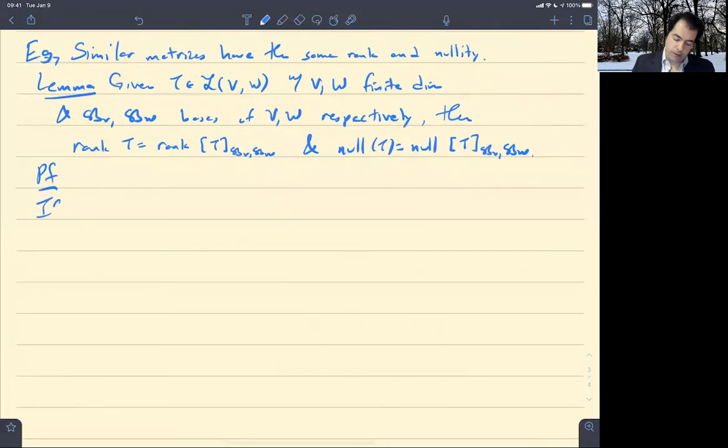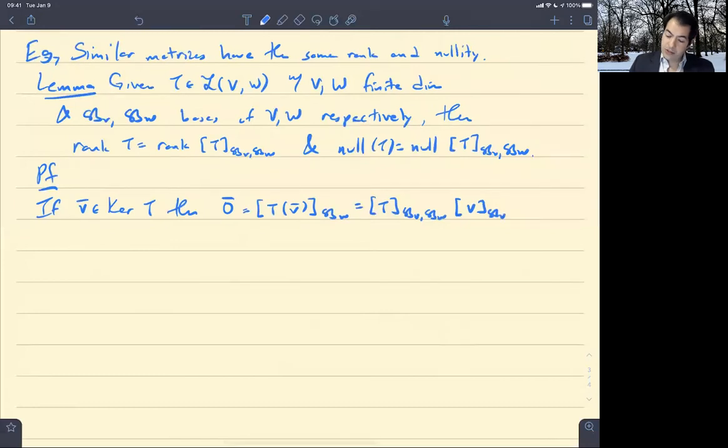Okay, so if you give me a vector in the null space of T, then I know that T of v is 0, represented with the basis of V and W, and the action of the matrix is such that this is given by this matrix times this vector, right? So if you ended up with 0, then that means that this vector is in the null space of this matrix. The coordinates representation with respect to this basis is in the null space of this matrix, and vice versa.